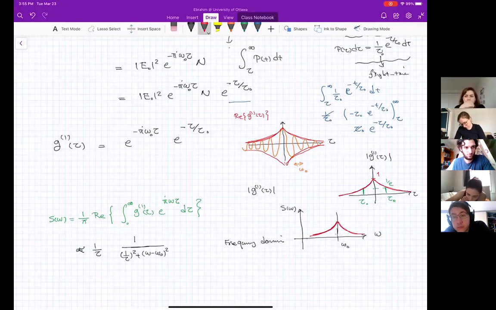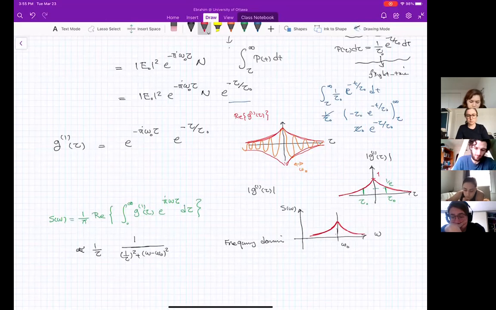It is a Lorentz function. So the power spectrum, if you look at the spectrum of this beam, has a Lorentz form. Good. This is one thermal light. This is what you get from a mercury lamp, helium lamp, argon lamp, etc. So this is exactly the theory.